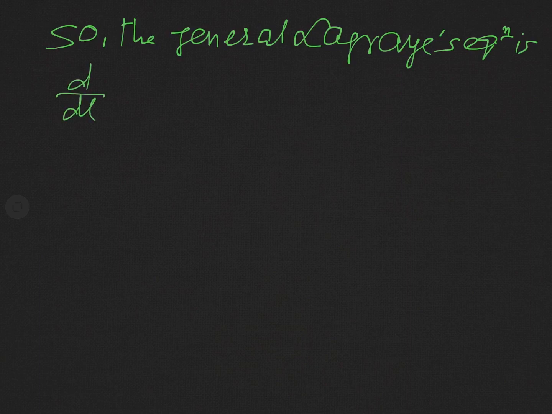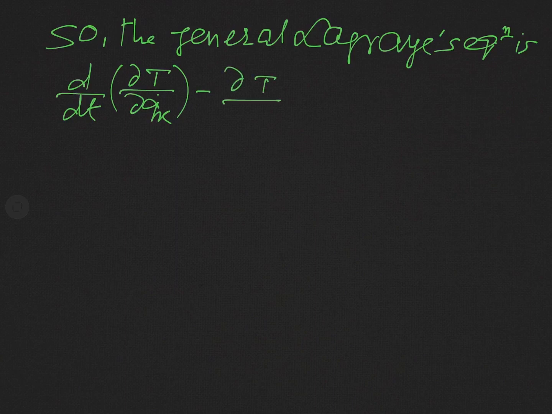This is actually d/dt del T by del qk dot minus del T by del qk, and this equals capital Qk.